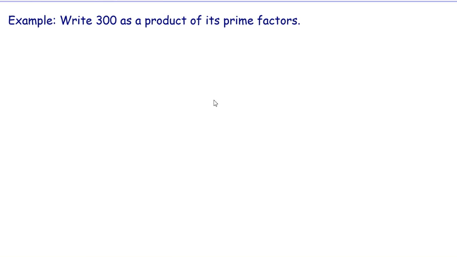Here's another example. Write 300 as a product of its prime factors. So we'll use a factor tree.